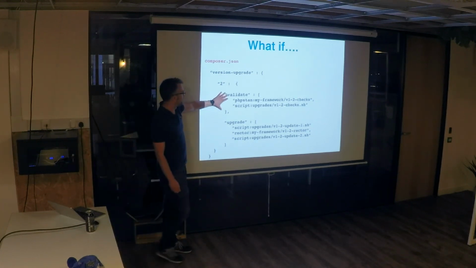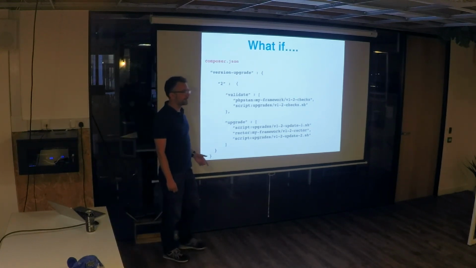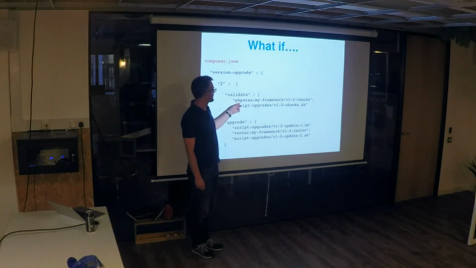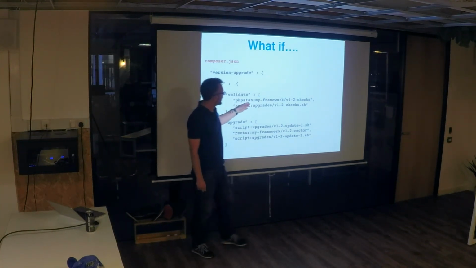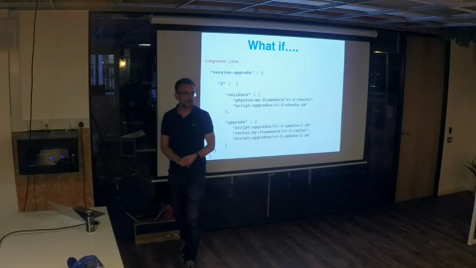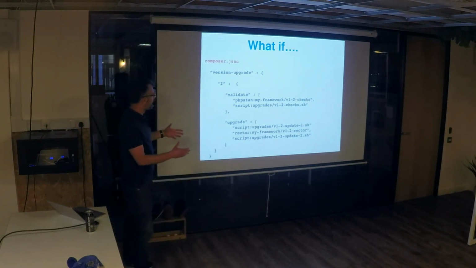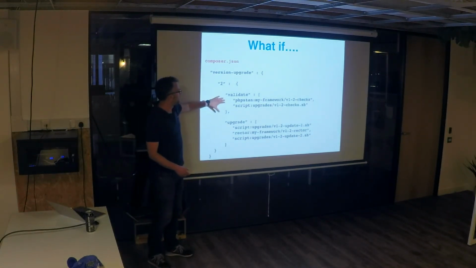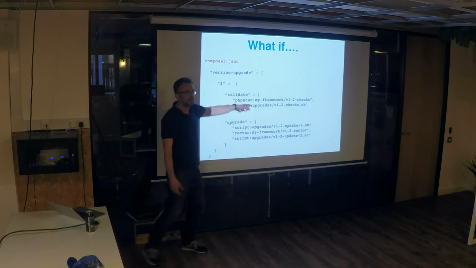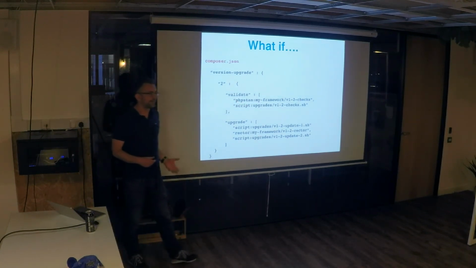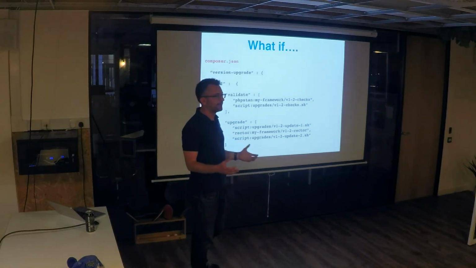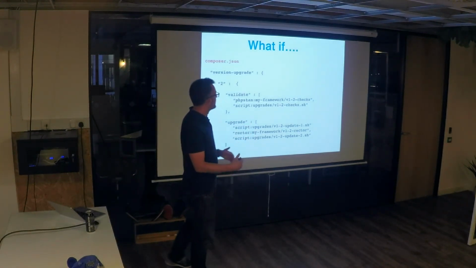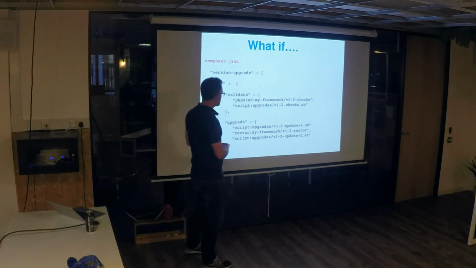We can have a validate phase, and the validate phase might be things like, oh, you run this PHPStan, so you say PHPStan and then it would link to the PHPStan library. And then what could happen there is Composer could automatically go, we need this PHP extension. I'll bring that in, I'll run PHPStan, and I'll report any errors. And if there are any errors, it will stop and it'll tell you you need to do this.